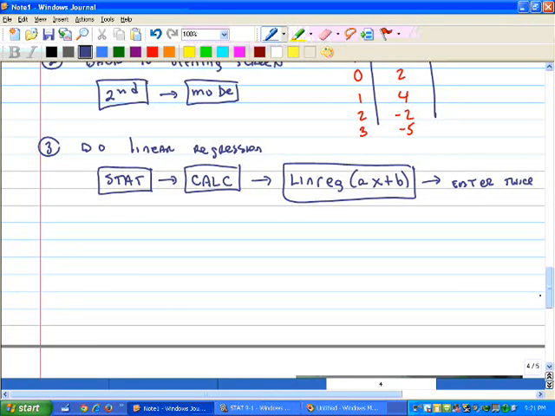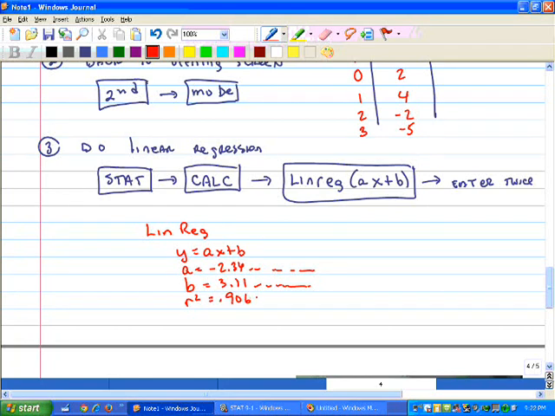If you correctly enter the data set in the list, your calculator display will now read linreg y equals ax plus b, a equals negative 2.34, a lot of other decimals, b equals 3.11, a lot of other decimals, r squared 0.90619, a lot of other decimals, and r negative 0.9519, and a lot of other decimals.